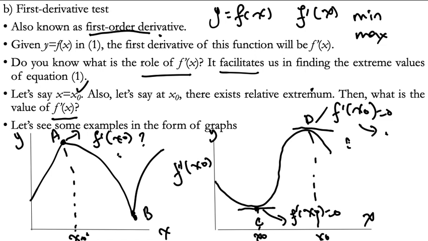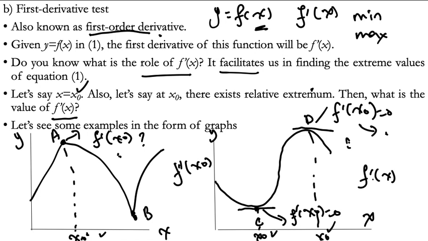Here, we have the first derivative test for relative extremum. So, if the first derivative of a function f(x) at x naught, let's say x naught is here or somewhere here, and at this x naught the function has f prime x existing, then the value of the function at x naught will be what?